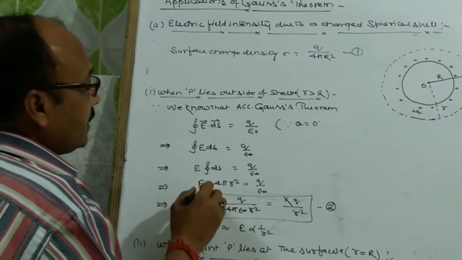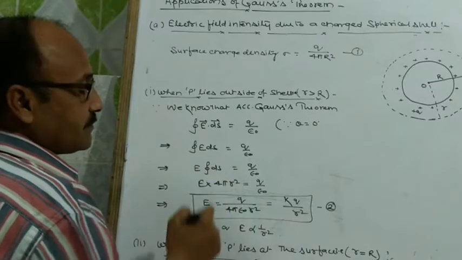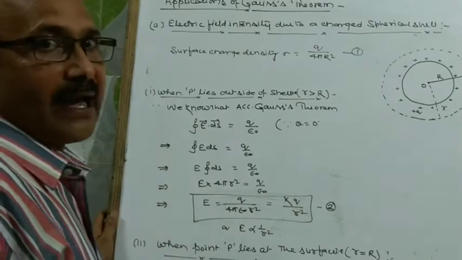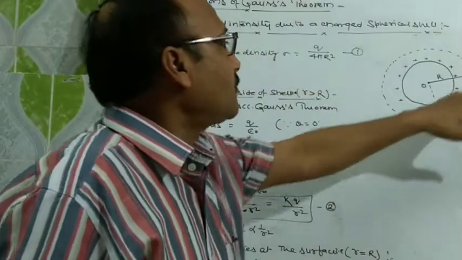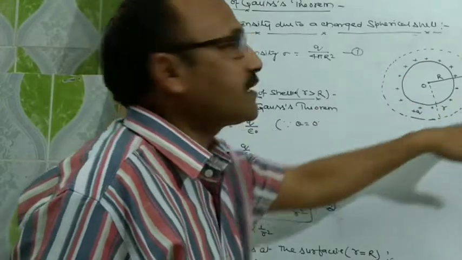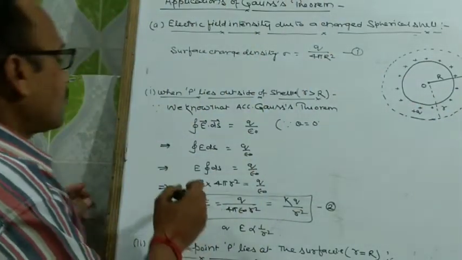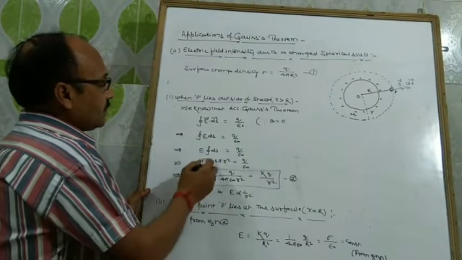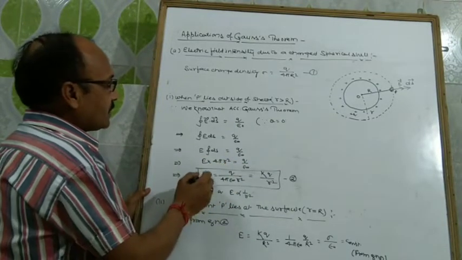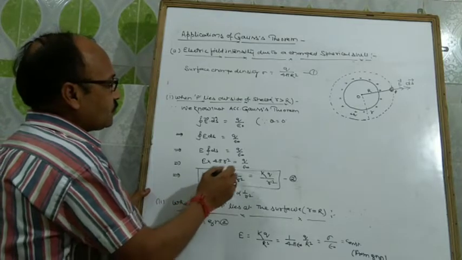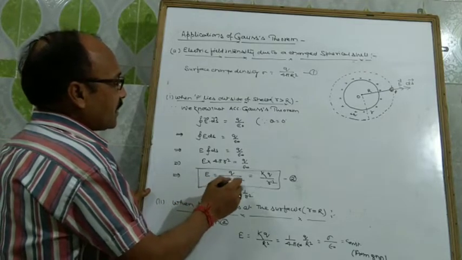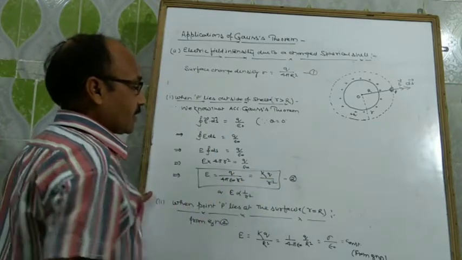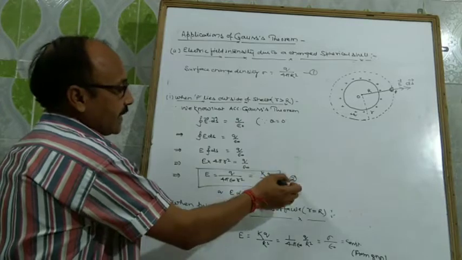The integration of ds is 4 pi r square. You have to take small r, because you have to take the Gaussian surface. So E into 4 pi r square equals q upon epsilon naught. Dividing by 4 pi r square, E equals q upon 4 pi epsilon naught r square, or this can also be written as kq upon r square. This is equation second.